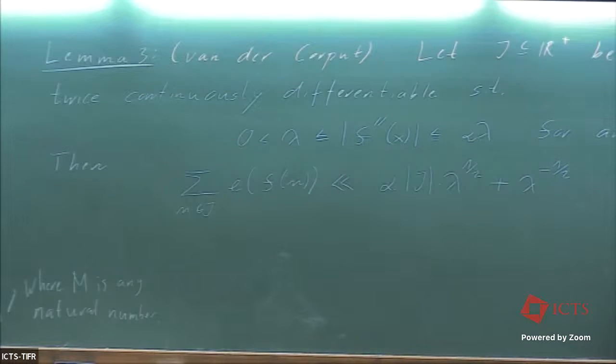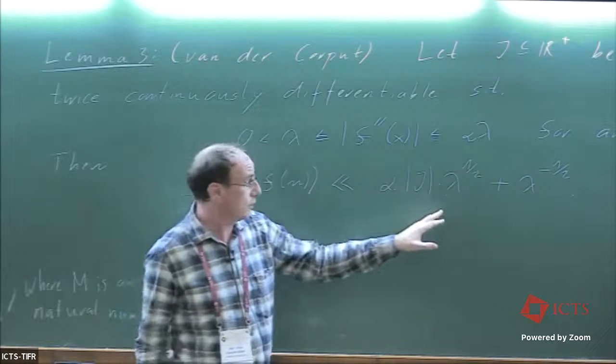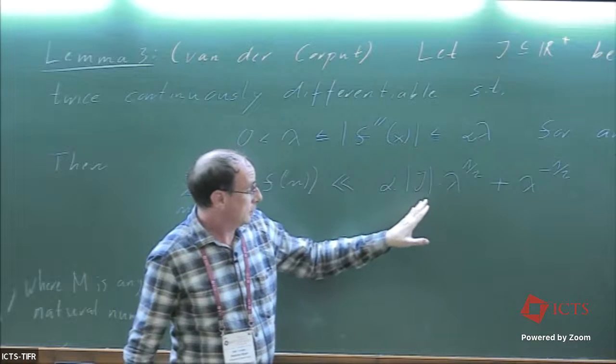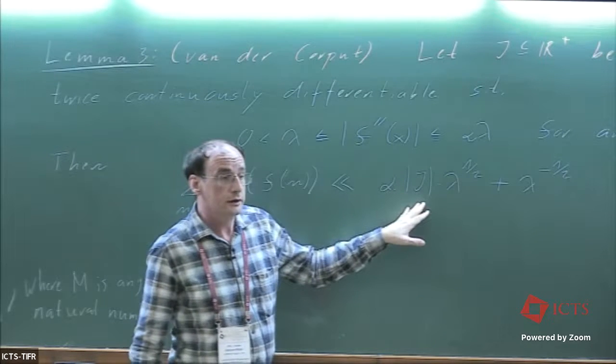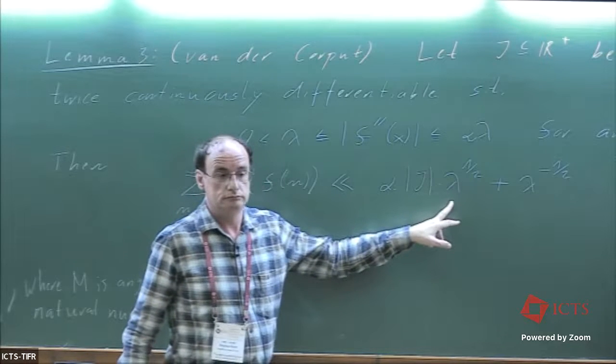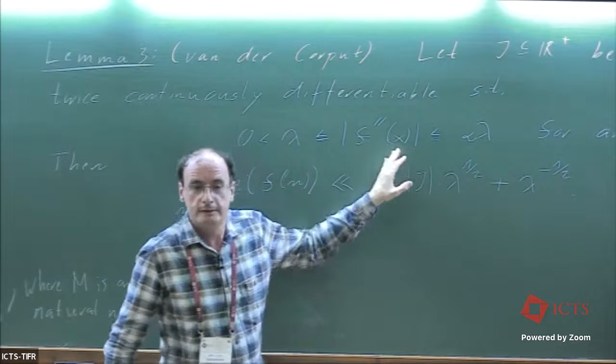I said already in which case that is good. That's non-trivial if lambda lies, let's say the interval length is N, between N to the minus 2 and 1. So it should be smaller than 1 in particular.